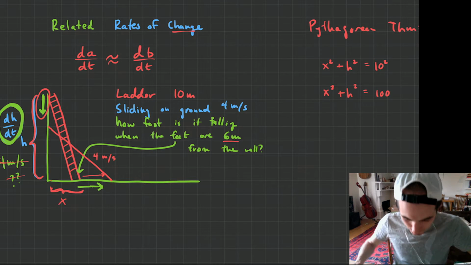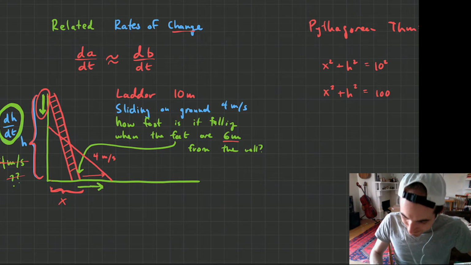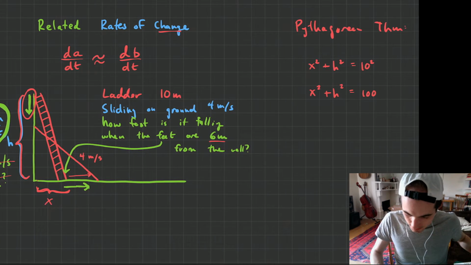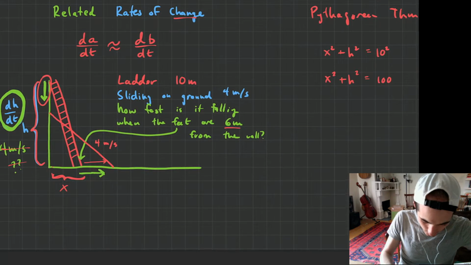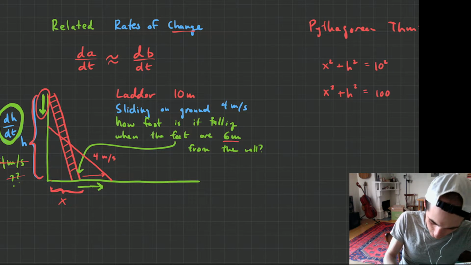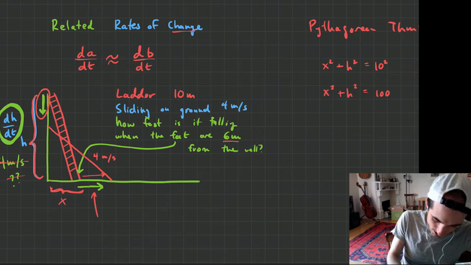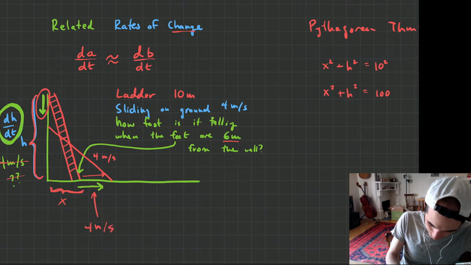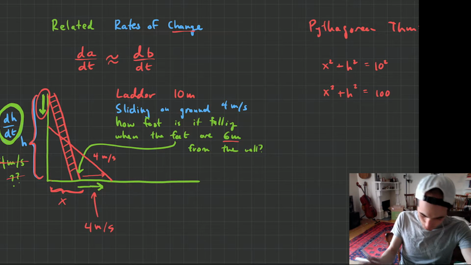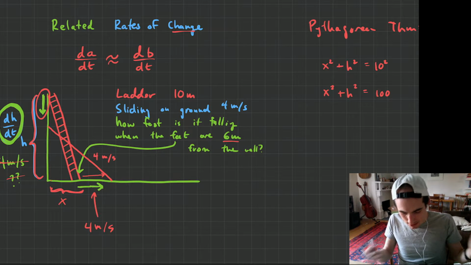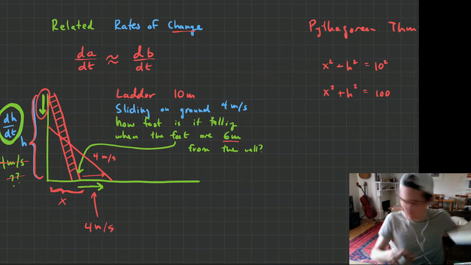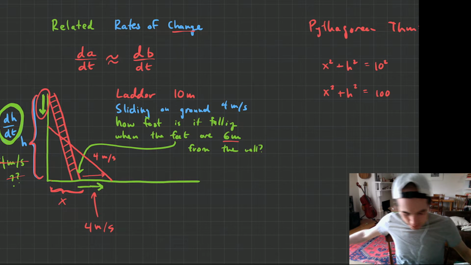Okay, here we are. So let's attack this with algebra. There's a few things that we do know. This rate of change here, we know. This is 4 meters per second. But in calculus terms, which variable is 4 meters per second?